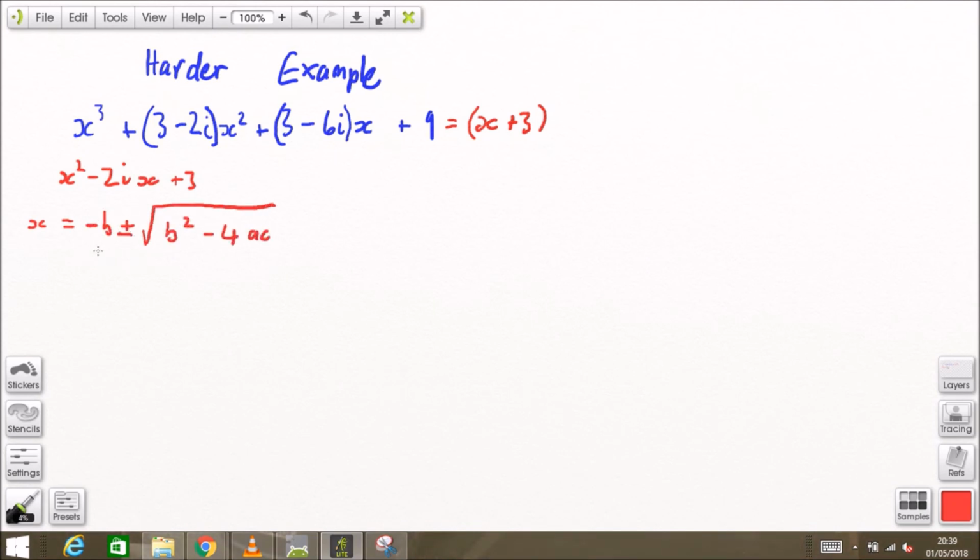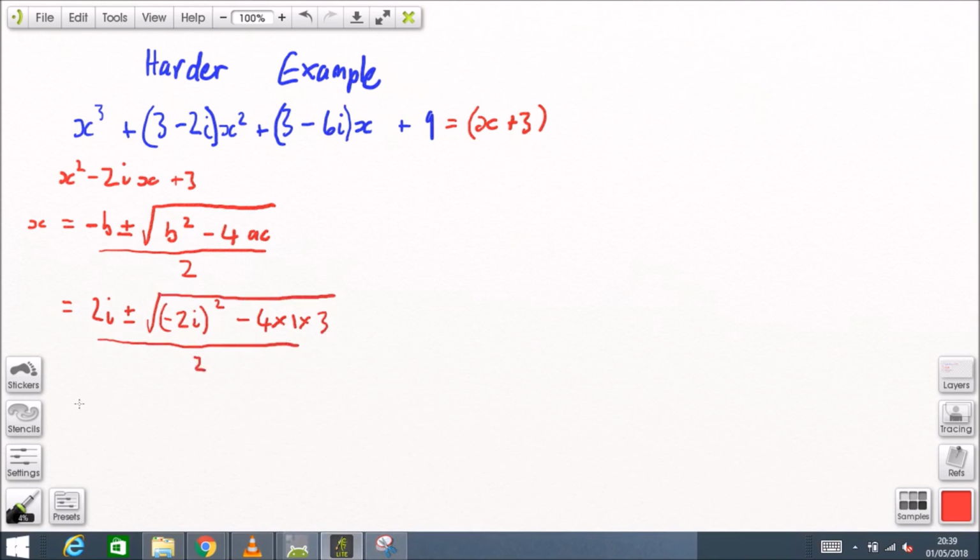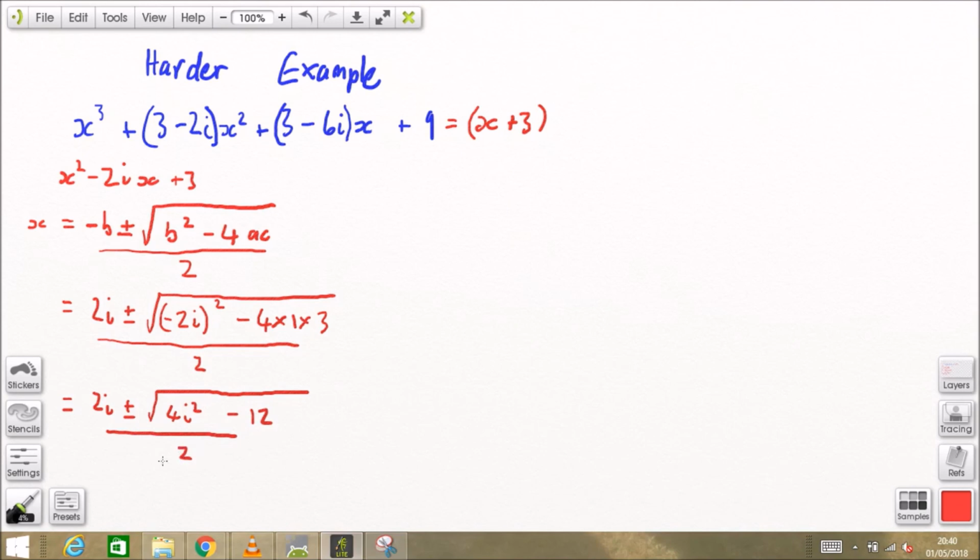And we'll just use the quadratic formula to work out how we can break this down into its two factors. Negative 2i is positive 2i. We'll just have to be careful once again when we input negative 2i squared that we deal with that correctly. So that's 4i squared minus 12. So that 4i squared is going to become a negative 4, and that will all factorize.